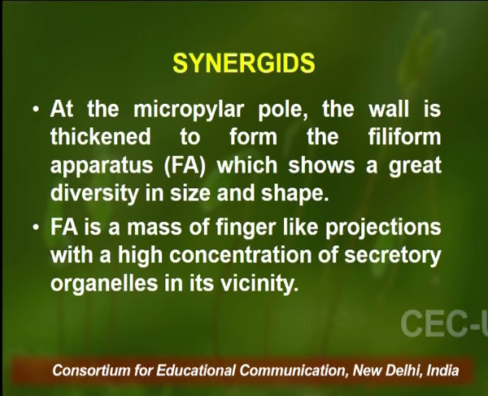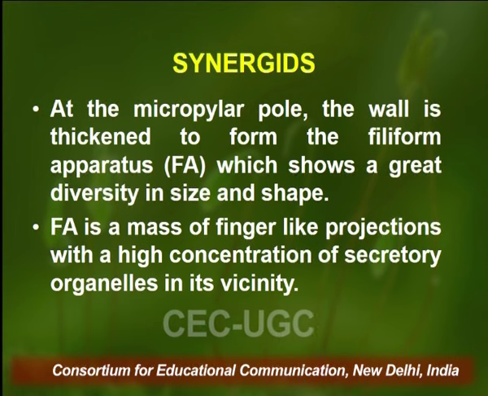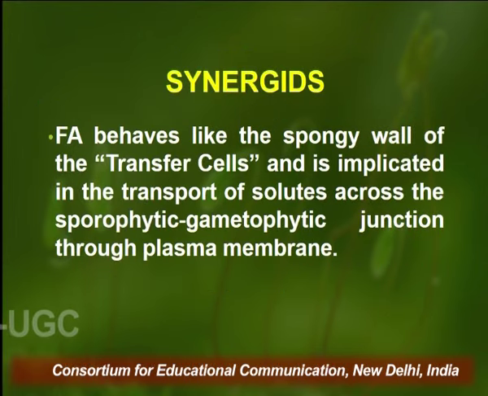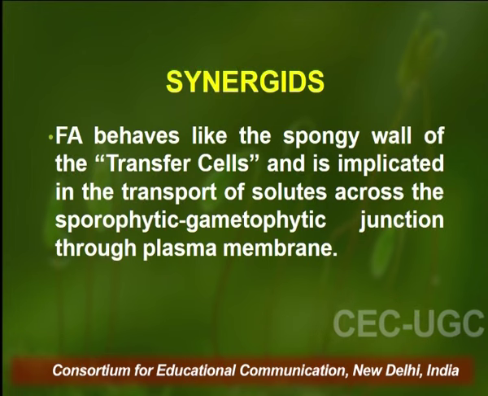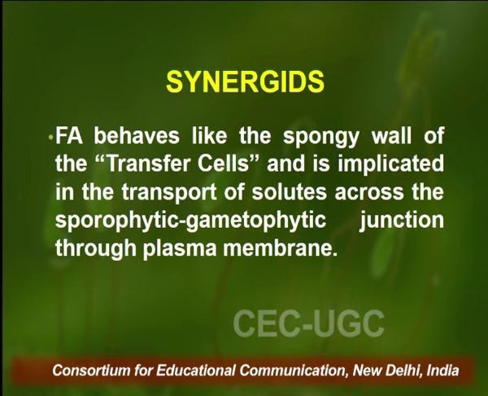So, the filiform apparatus is basically a mass of finger-like projections, and they have a high concentration of secretory organelles present in the vicinity. This filiform apparatus behaves like a spongy wall. It behaves like transfer cells and is implicated in the transport of solutes across the sporophytic-gametophytic junction through the plasma membrane.